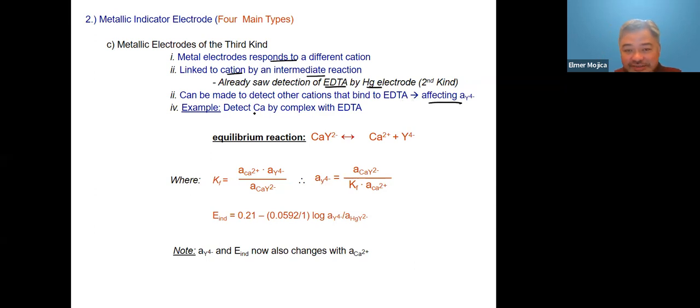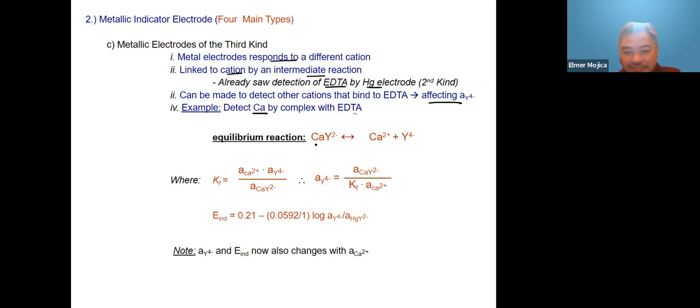So for instance, if there is calcium in your solution, it can complex with your EDTA. So it competes in the binding of EDTA to the mercury electrode. So instead of the EDTA all going to the mercury electrode, some of them will bind with the calcium ion.